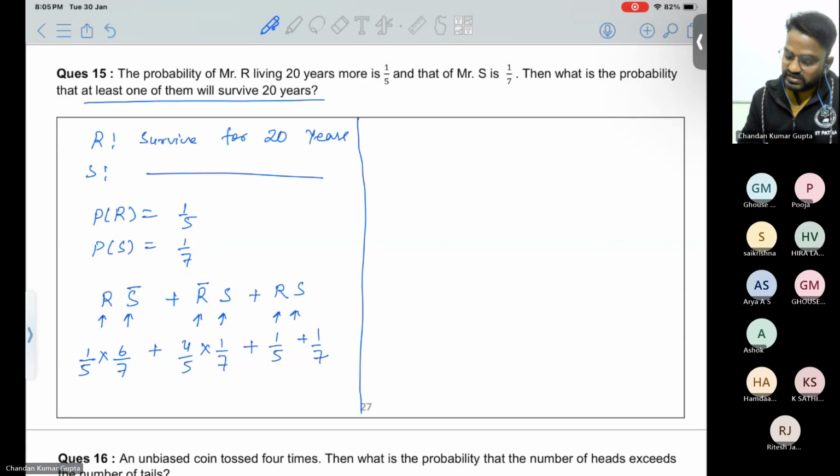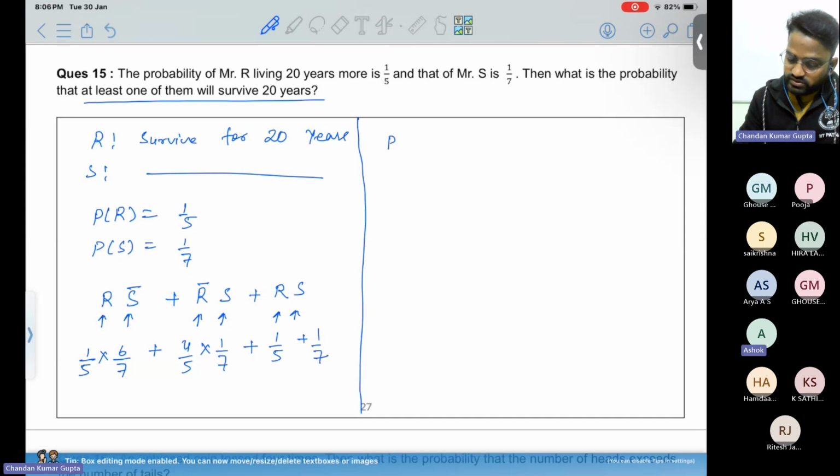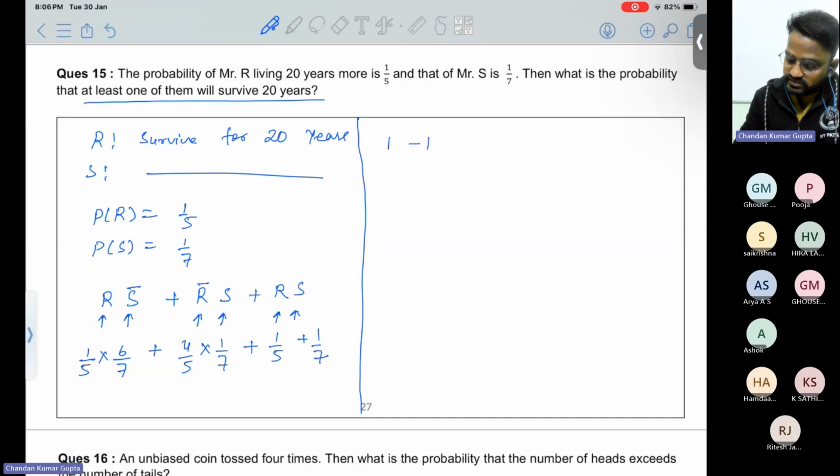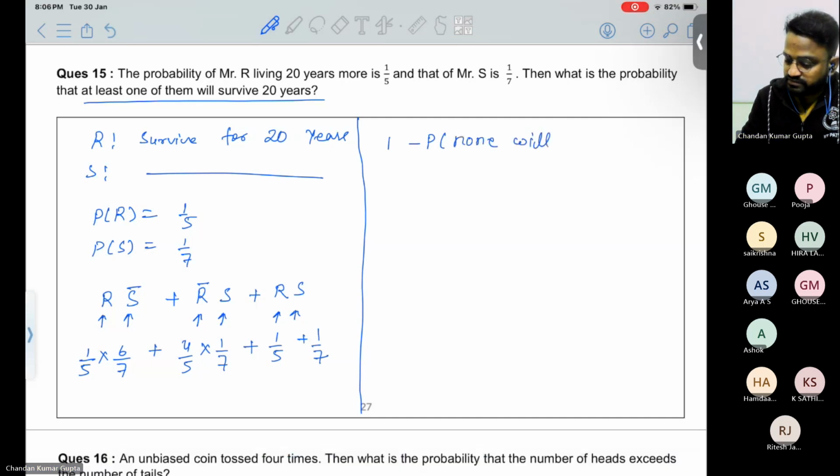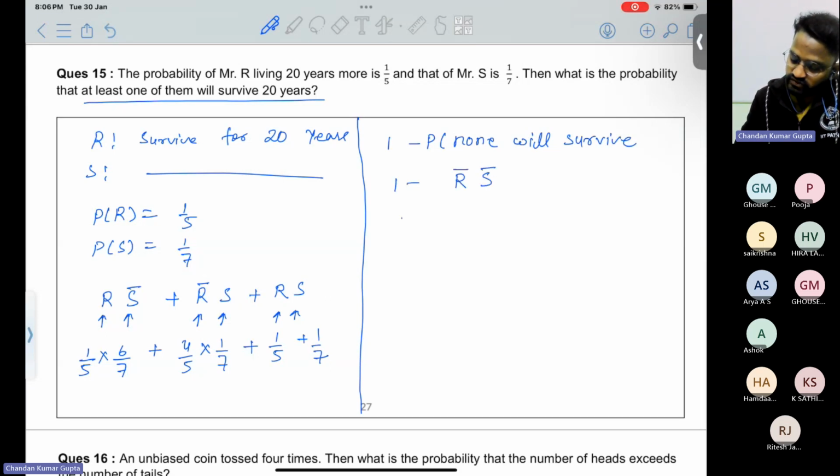The second approach is 1 minus the probability that none will survive. None will survive means 1 minus the probability that R does not survive and S does not survive. 1 minus, R not surviving is 4 by 5, and S not surviving is 6 by 7.